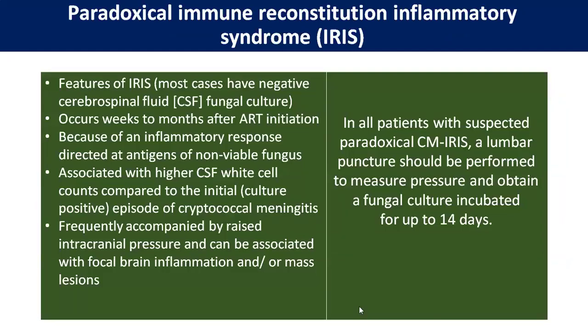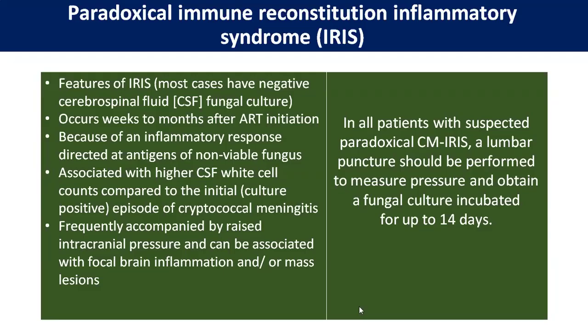So, as you mentioned about IRIS, in most cases of IRIS the CSF fungal culture is negative, and it occurs weeks to months after ART initiation because of an inflammatory response directed at antigens of non-viable fungus. It is associated with higher CSF white cell counts compared to the initial culture positive episode of cryptococcal meningitis, frequently accompanied by raised intracranial pressures.